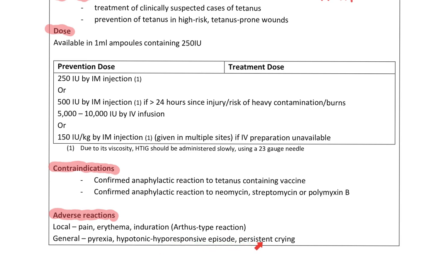Then we have persistent crying. So persistent here means continuous crying. Okay, so the patient is unable to stop crying. Therefore, we can write crying because we have persistent already. This will help us to avoid repetition.